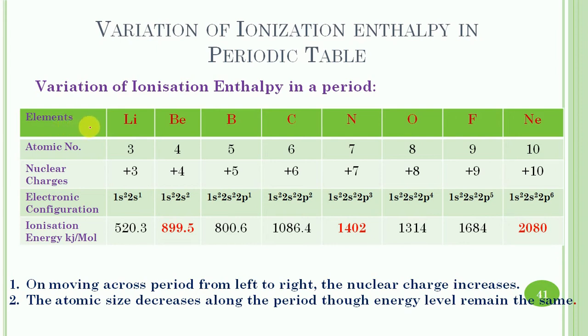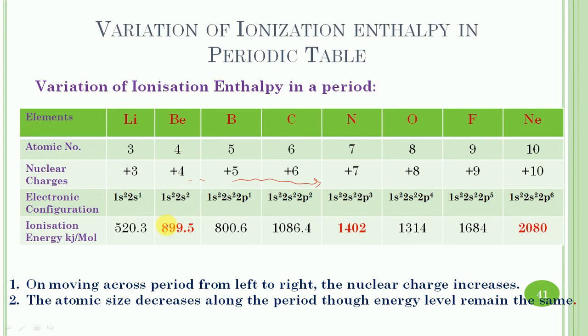As we move from left to right in the periodic table, the nuclear charge is going to increase, and at the same time the atomic size will decrease along the period, and the energy level will remain the same. So due to this, the ionization energy is going to increase as we move from left to right.